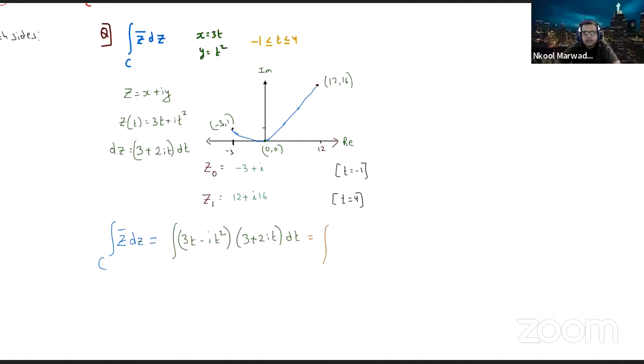Now what I will be doing is the line integration. I can multiply both the terms, then I will get something like this. After simplification, you will get 2t cubed plus 9t plus 3t squared i.